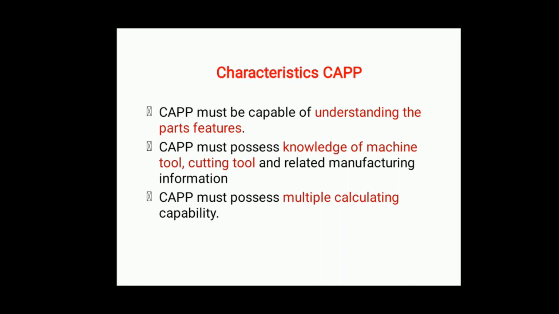CAPP must possess knowledge of machine tools, cutting tools and related manufacturing information, so it should know all the information of these parameters. CAPP must possess multiple calculating capabilities, so that it can do all the calculations. These are some characteristics of CAPP.